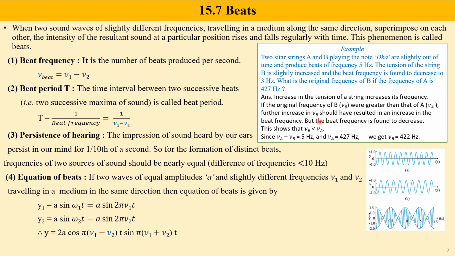But as given in the example, the beat frequency is found to decrease. Here you see the third line, found to decrease. Hence, nu B is less than nu A. Therefore, nu A minus nu B is equal to 5 Hz. Since nu A is given as 427 Hz, we get nu B is equal to 422 Hz. Please read it as frequency nu A and nu B.